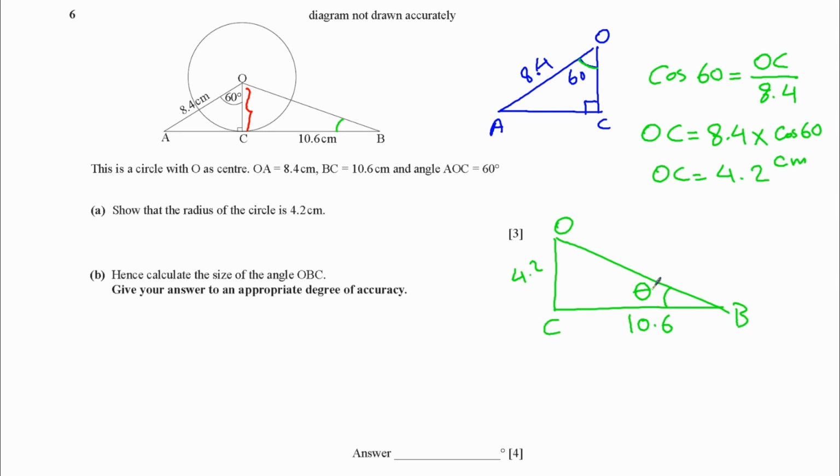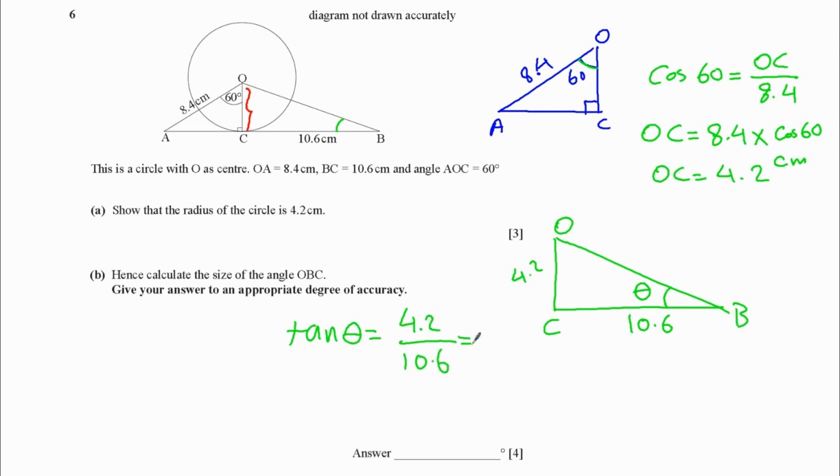So for theta that we want to find, we have opposite and we have adjacent. Which one of the trigonometry elements has the opposite and adjacent? That is tan. So we can say that tan of theta equals opposite over adjacent, so that is 4.2 divided by 10.6.